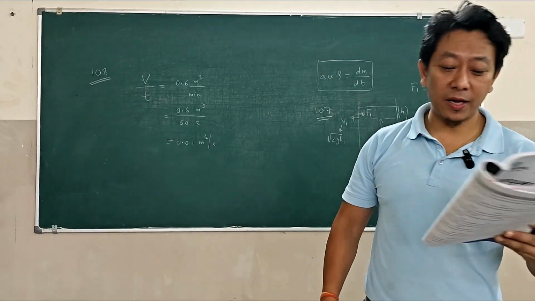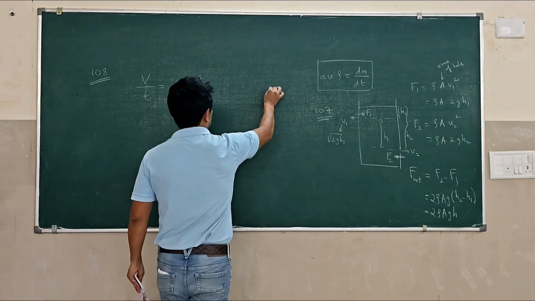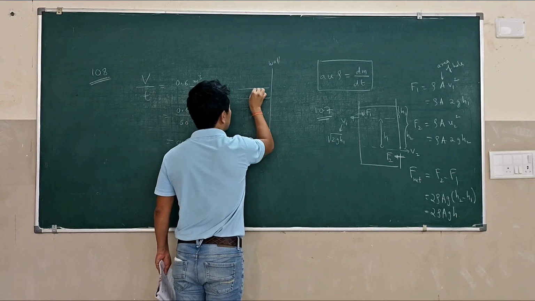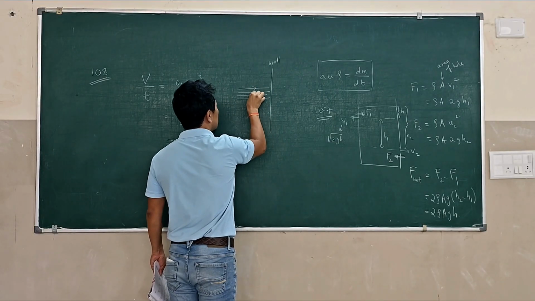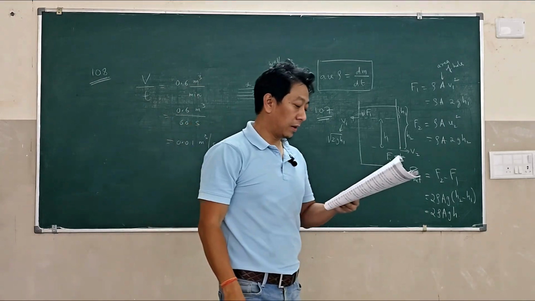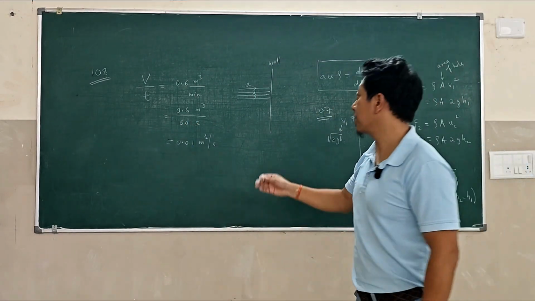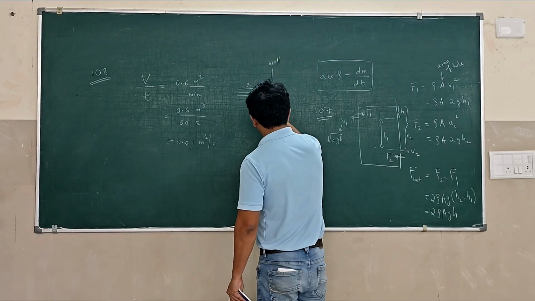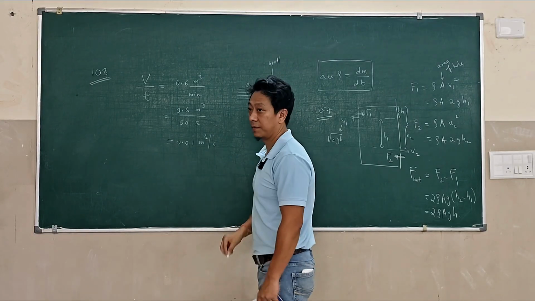This much water strikes a vertical wall. So there is a vertical wall. Water strikes like this with some velocity v, and they told us the water does not rebound. Water does not rebound, meaning it hits and then just falls straight down.